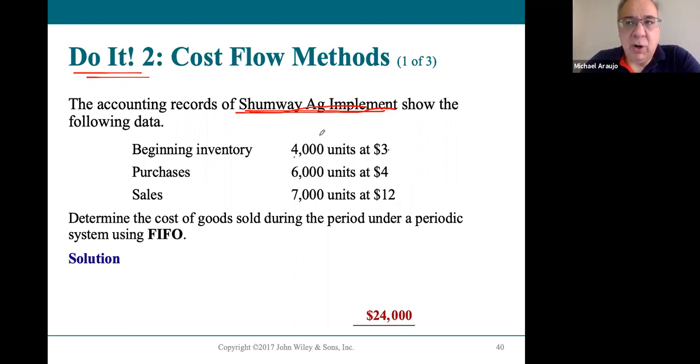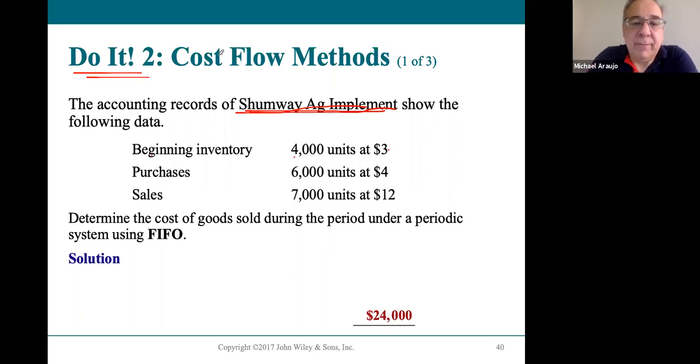But for their other stores internationally, they don't have to use the same method. So it's kind of an odd thing for large companies. But generally speaking, you do have to commit to one method, at least for US reporting purposes for GAAP.